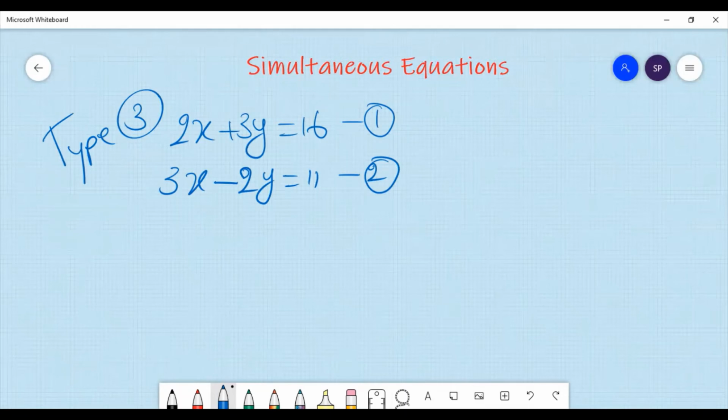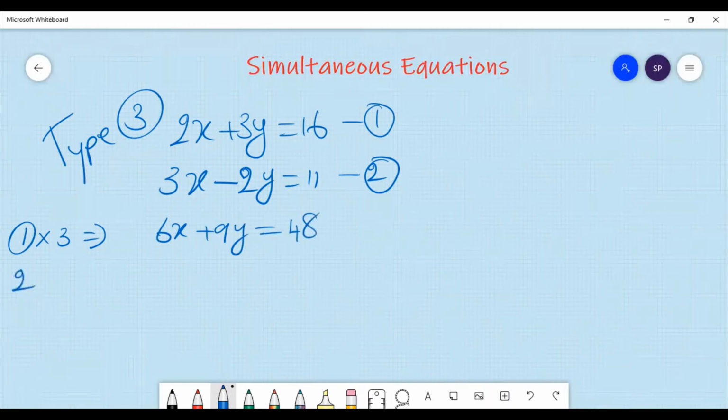So what we have to do is bring them to a same number. So in this third type, we're going to need to do the modification to both the equations. So we're going to multiply the first one by 3. If you multiply the first one by 3, you're going to get 6x plus 9y equals 48.